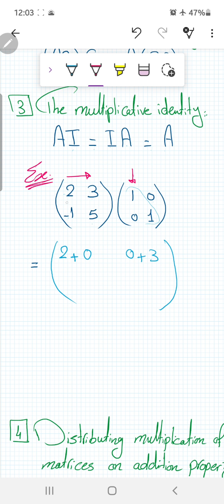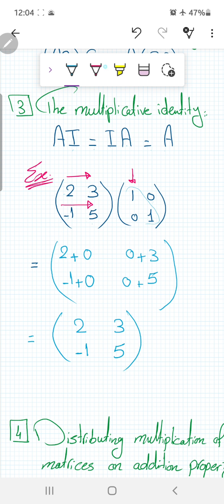We finished the first row. What about the second row? Negative 1 times 1, negative 1, plus 5 times 0, 0. Negative 1 times 0, 0, plus 5 times 1, 5. So the result will be 2, 3, negative 1, 5.